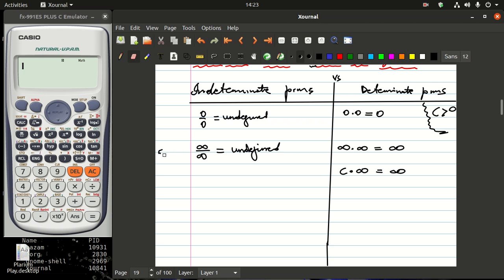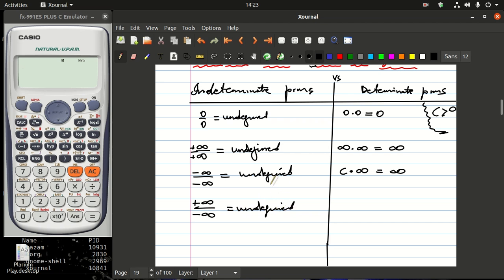And then the next thing here is, remember that I was dividing positive by positive, right? So this one is undefined. If I am taking a negative infinity and I'm dividing by a negative infinity, this is still undefined. And if I am taking positive infinity divided by negative infinity, or negative infinity divided by positive infinity, this is also undefined.